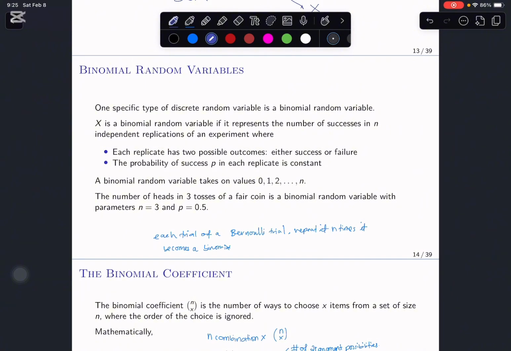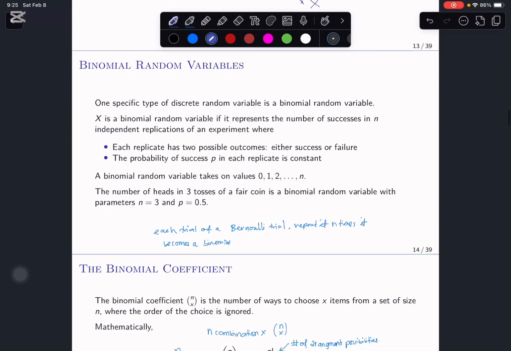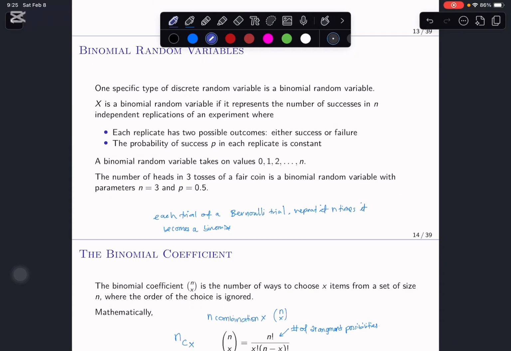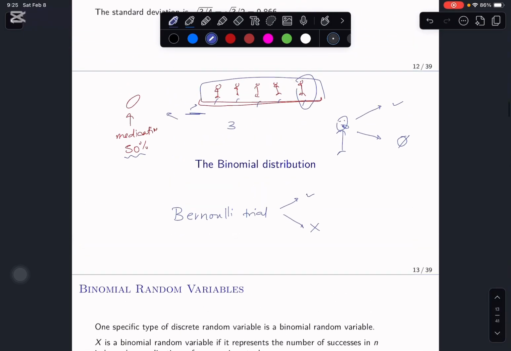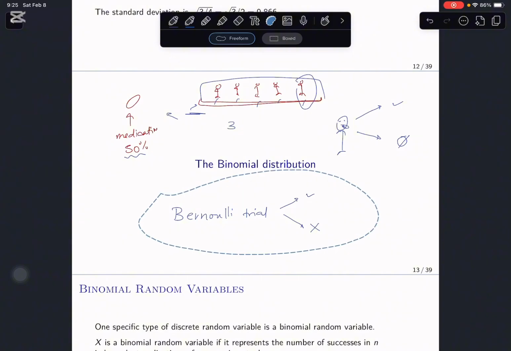One thing you're going to see, I'm not going to go into the extra details. I'm just going to straight away give you what you need to know. What you need to know in order to calculate these things is this equation.